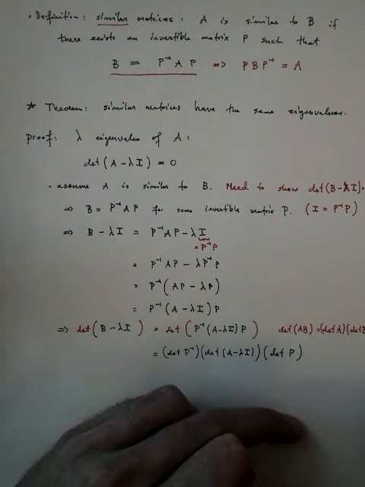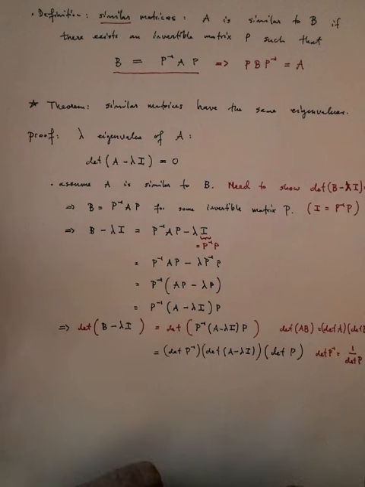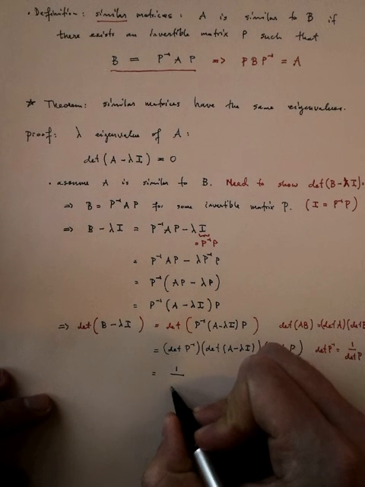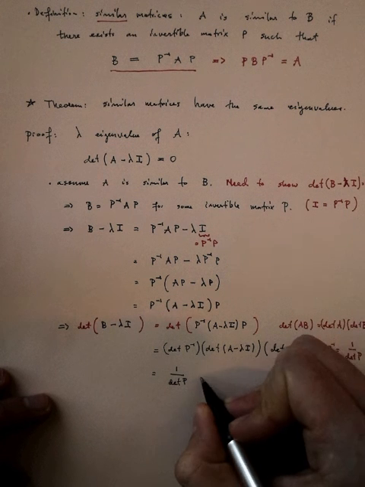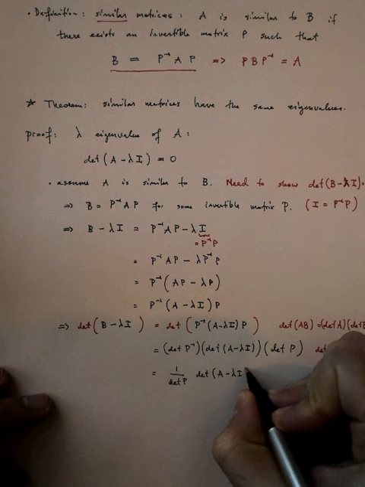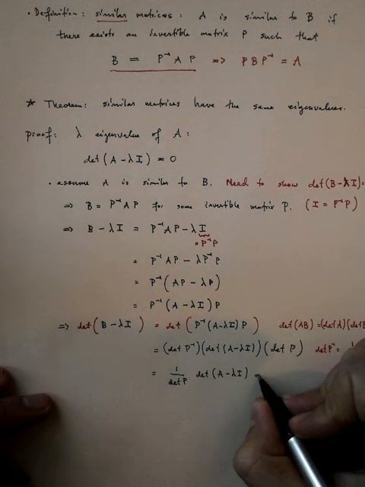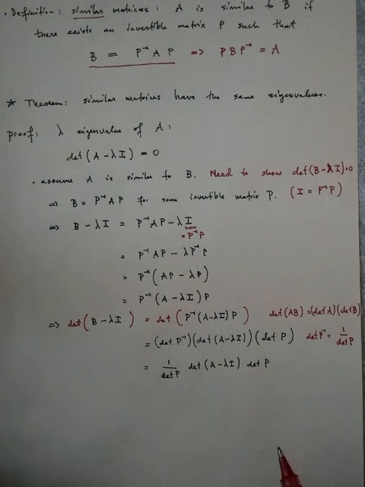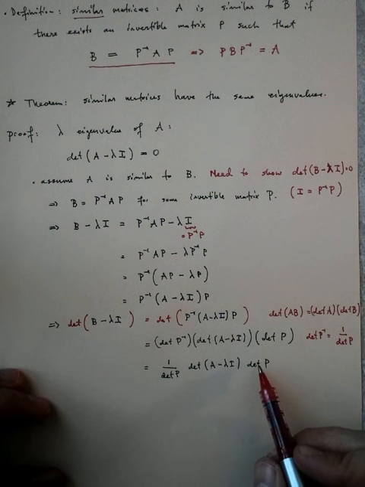Okay, now I'm going to use that determinant of P inverse is 1 over determinant of P. So this is equal to 1 over determinant of P times the determinant of A minus lambda identity times determinant of P. The determinant is a number, right?